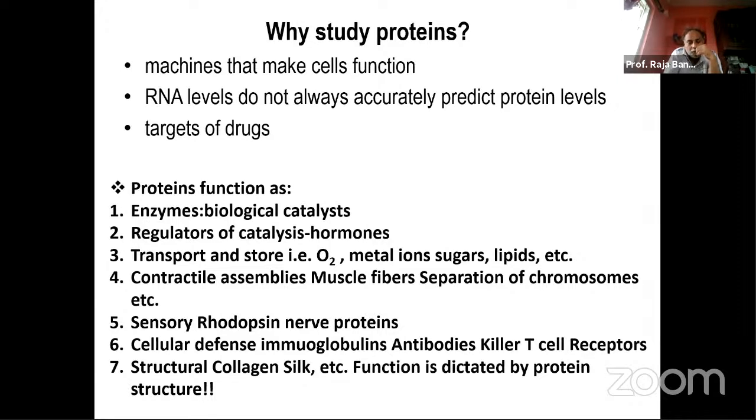They make the structural basic part like silk, collagen, etc. They also act as regulatory hormones like insulin. So although the DNA is taking the information, the main key player for making the biological system active is protein.